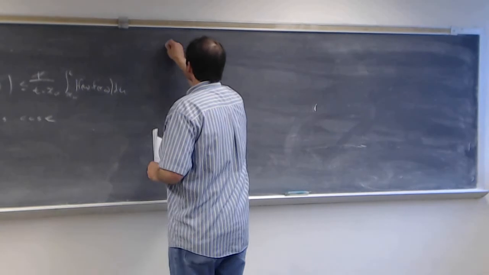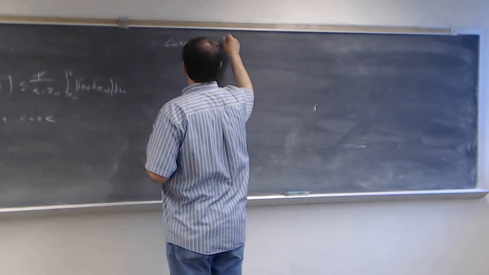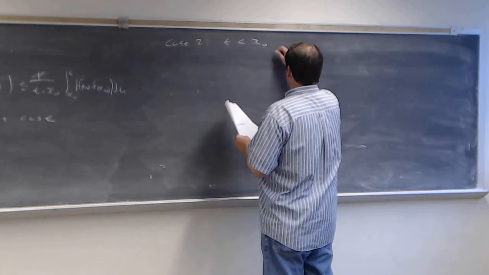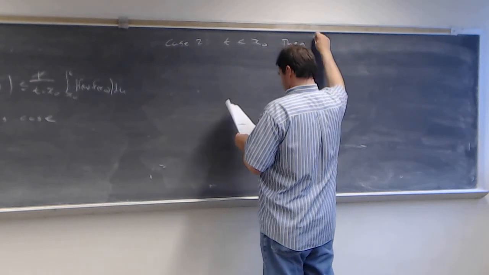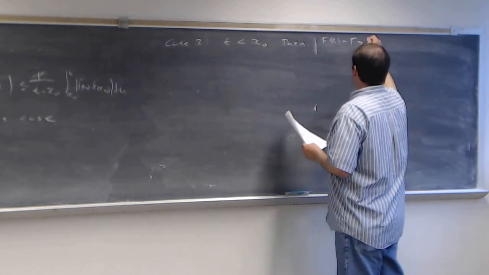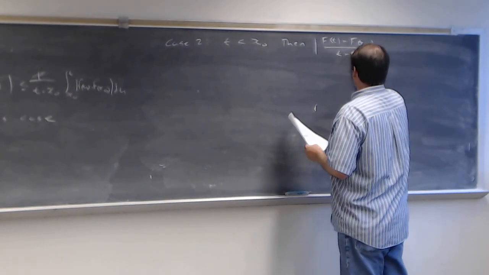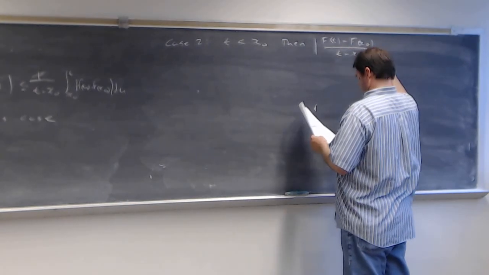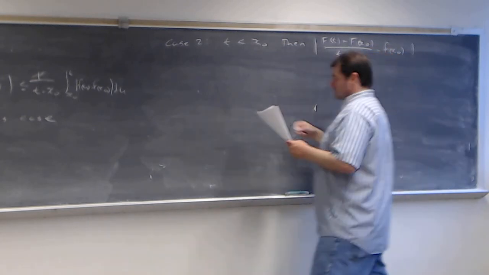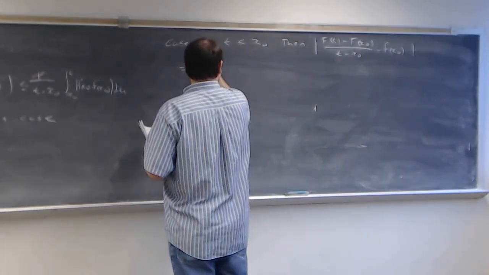Okay, look at case 2. That's where t is less than x naught. Then the absolute value of F of t minus F of x naught all over t minus x naught, minus little f of x naught, that's going to be equal to the absolute value.